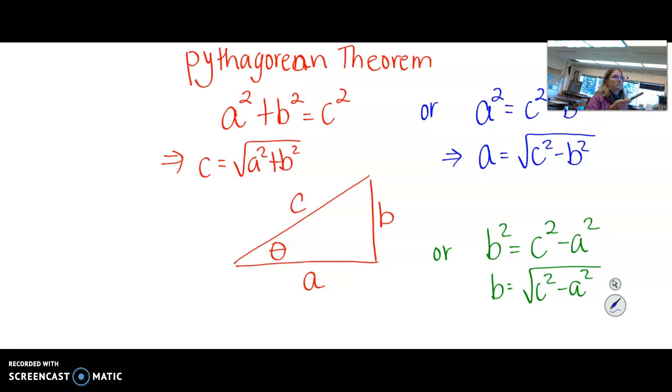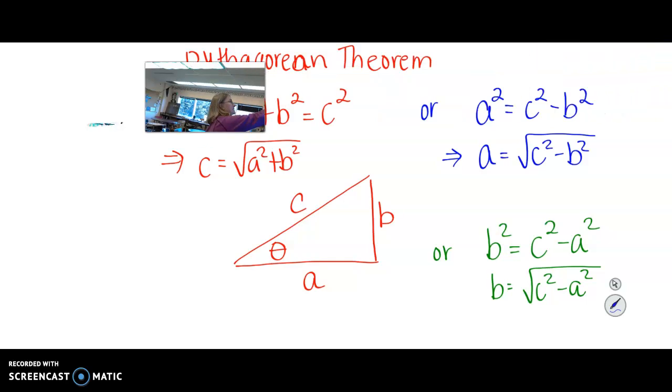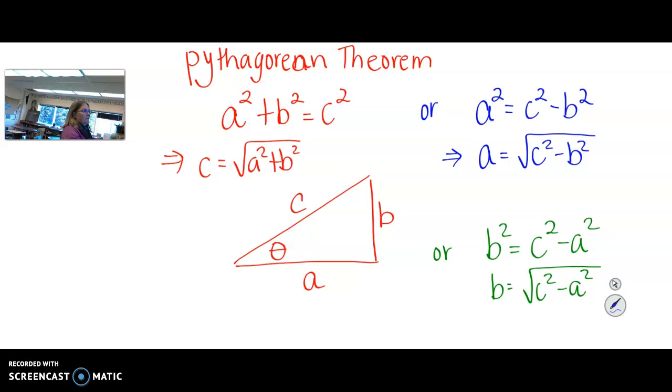So let's just review the Pythagorean theorem, because that's where all this is going to come from. If you have a right triangle and the hypotenuse is c, then by the Pythagorean theorem, a squared plus b squared is equal to c squared. And if you solve that for c by taking the square root of both sides, you get c equals the square root of a squared plus b squared.